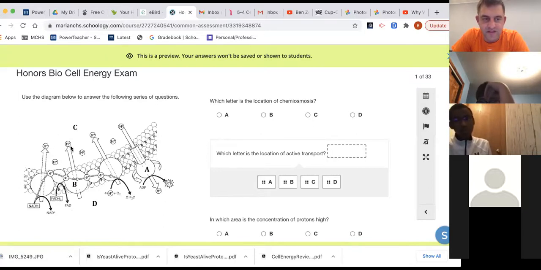Do you see how there's more hydrogens outside of the membrane than inside? Does that make sense? Okay, so this right here is active transport. You're going from low to high, okay?